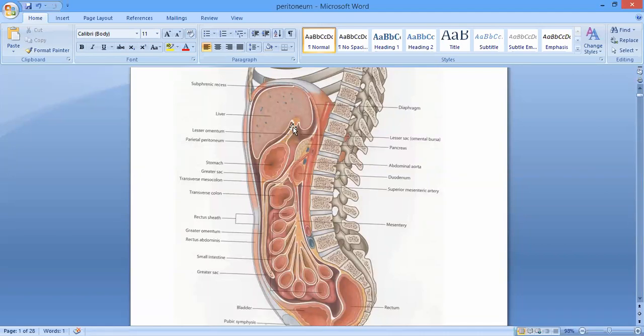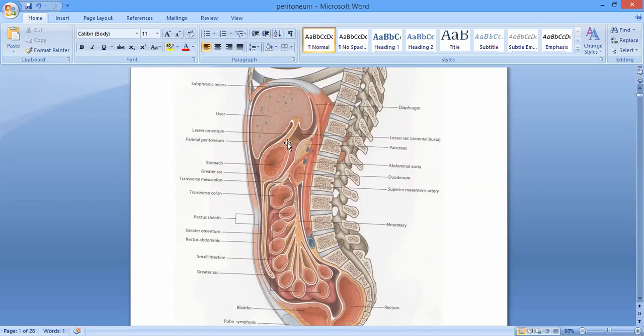Before defining the lesser omentum, I am going to talk about the omentum only. Omentum is basically a double layered fold of the peritoneum, which connects the stomach to the other viscera.